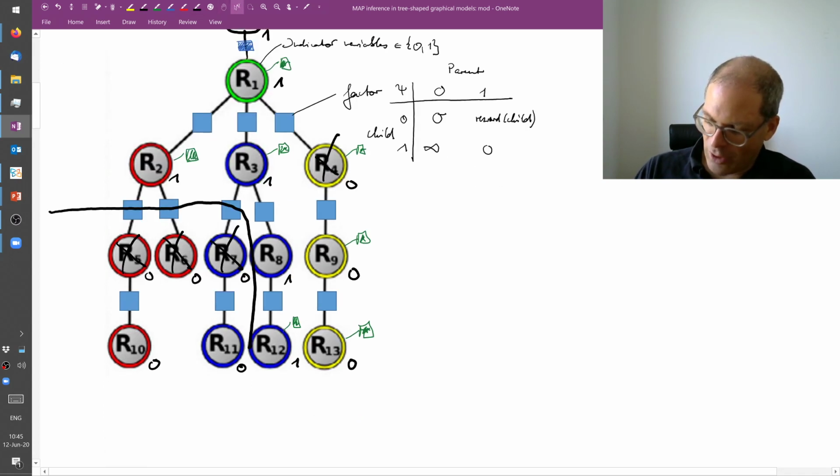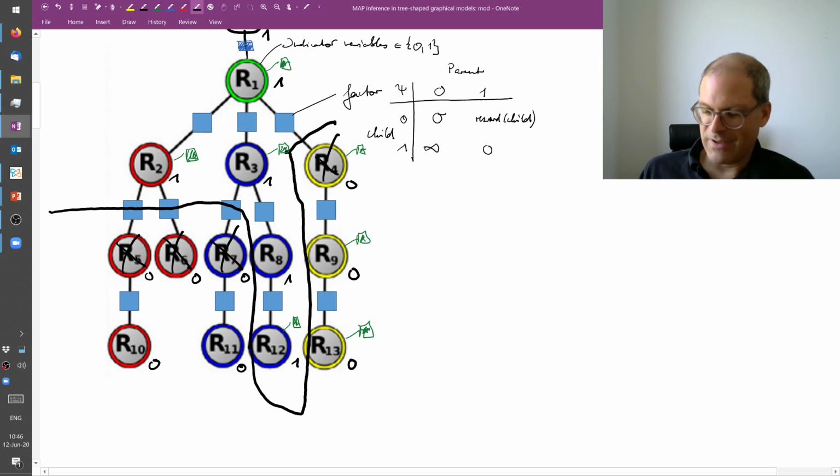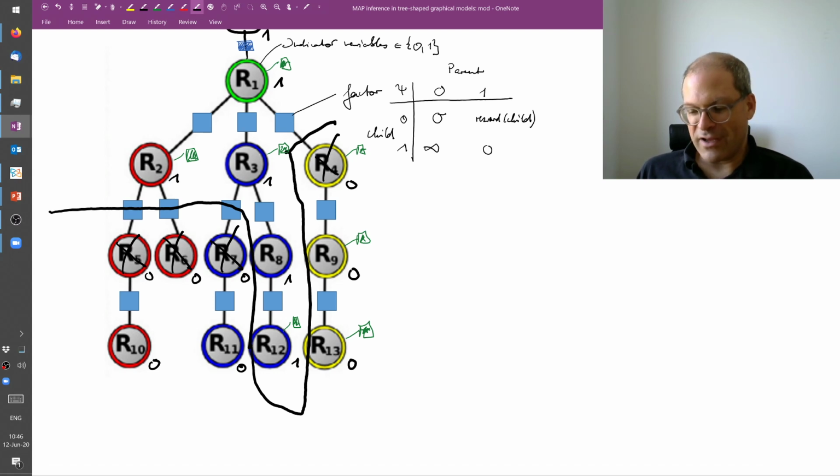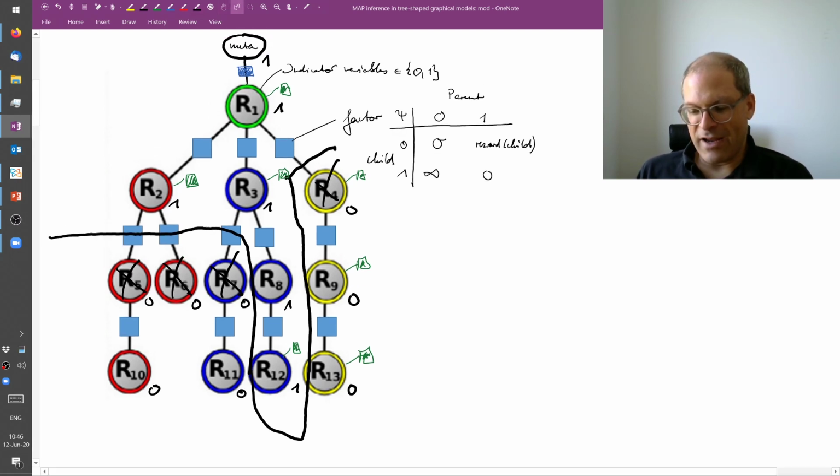I'm not saying that this is optimal now, I'm just using this cut because it matches the numbers that I've written here. So you see that above the cut, I have always selected a state of 1, and below the cut, I have always selected a state of 0.